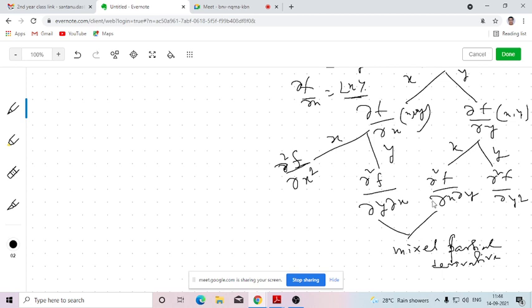Anyone, can you tell me what the condition is? You have seen this in the first semester. In different problems, you have shown that they are not equal, through different examples.